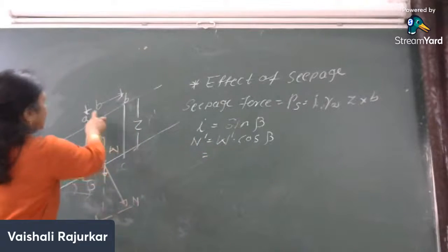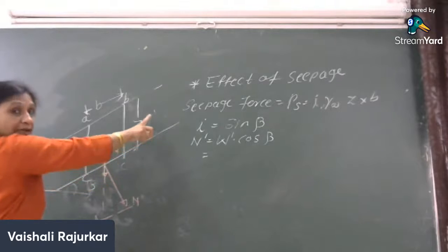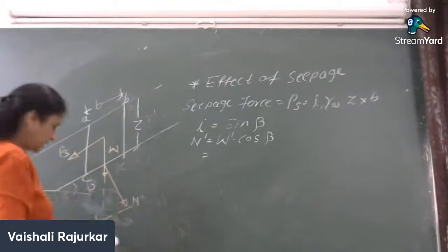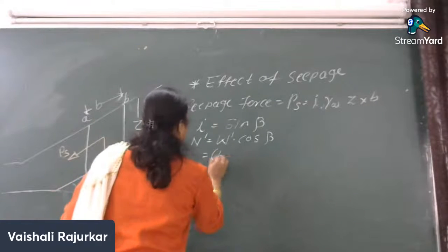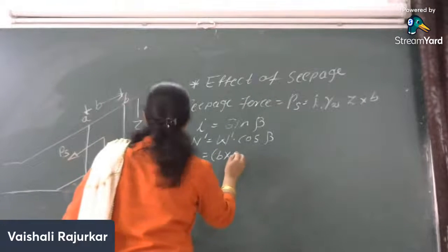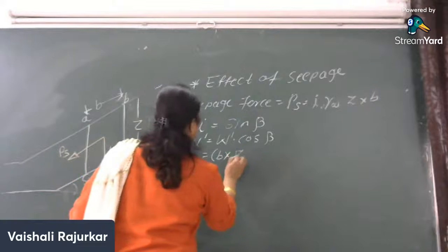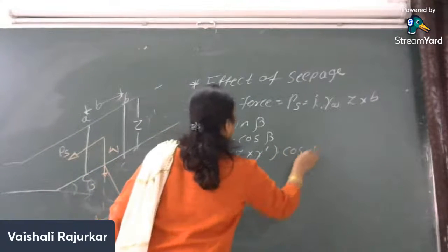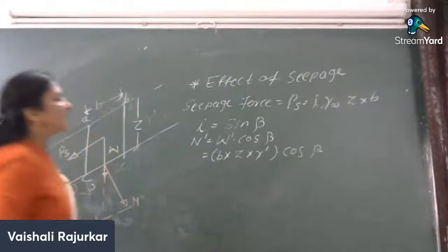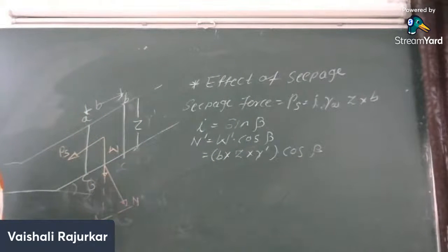W is B into Z into gamma submerged, so it will be B into Z into gamma submerged into cos of beta.